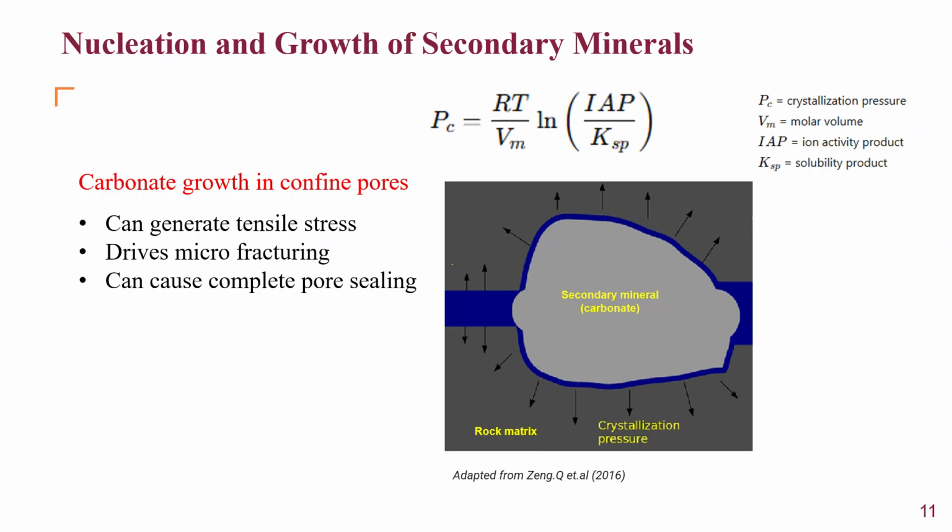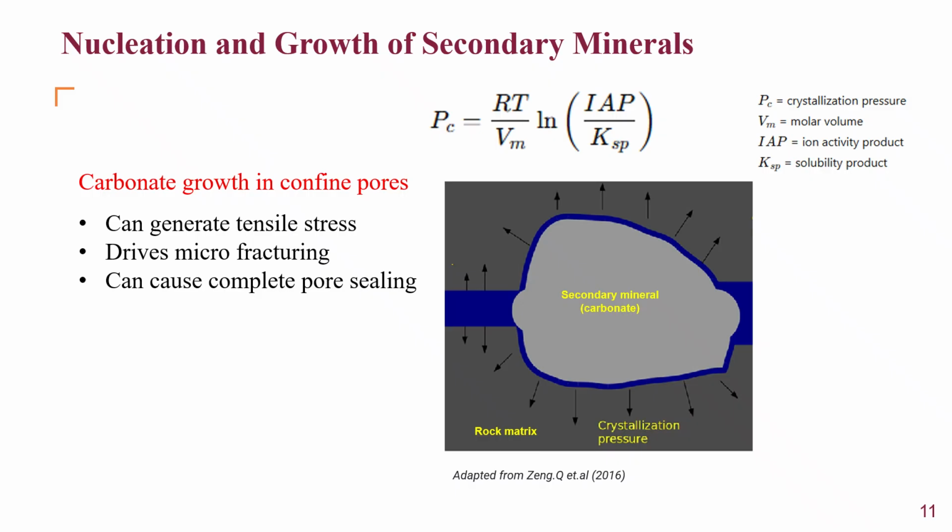As this is ongoing, it can completely seal the pore, or it can generate tensile stresses. These tensile stresses are a result of the force or the pressure of crystallization, the crystallization pressure that is exerted on the rock matrix.